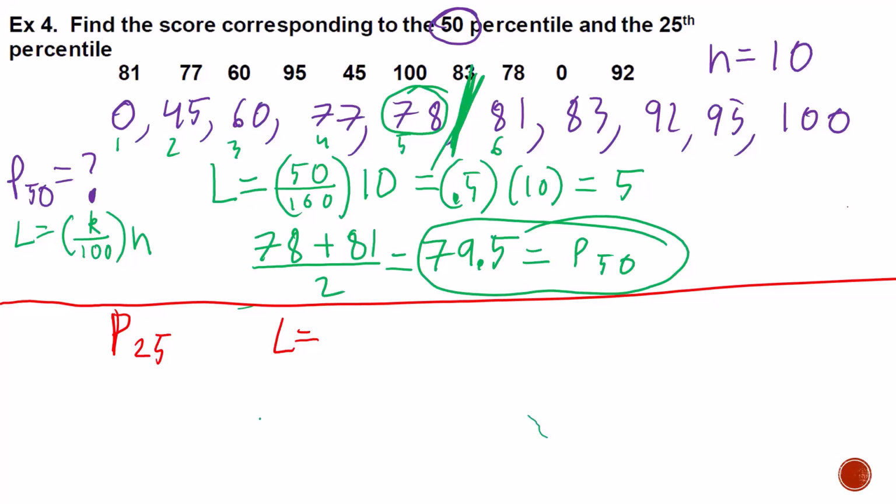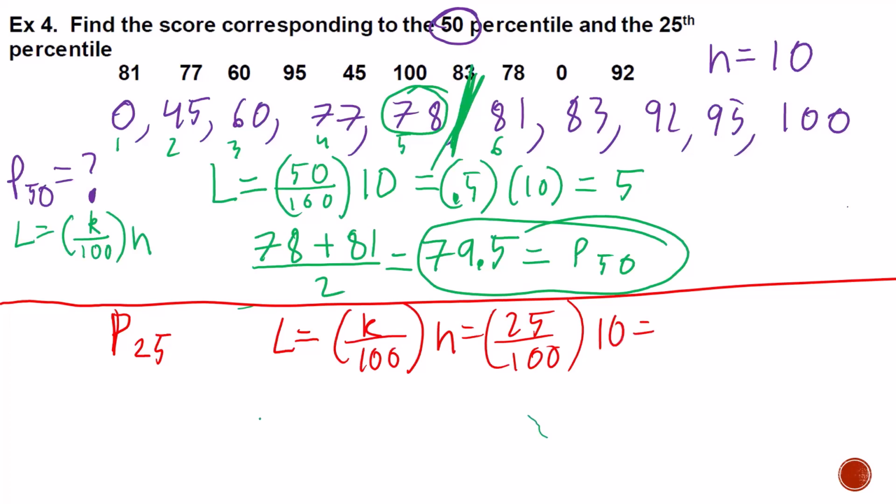Okay, so let's use the formula. K divided by 100, times n. So that is 25 over 100, which is 1/4, times n, which is 10. So I want something where 1/4 of the values are less than it. Well, what's 1/4 of 10? 2.5, right?